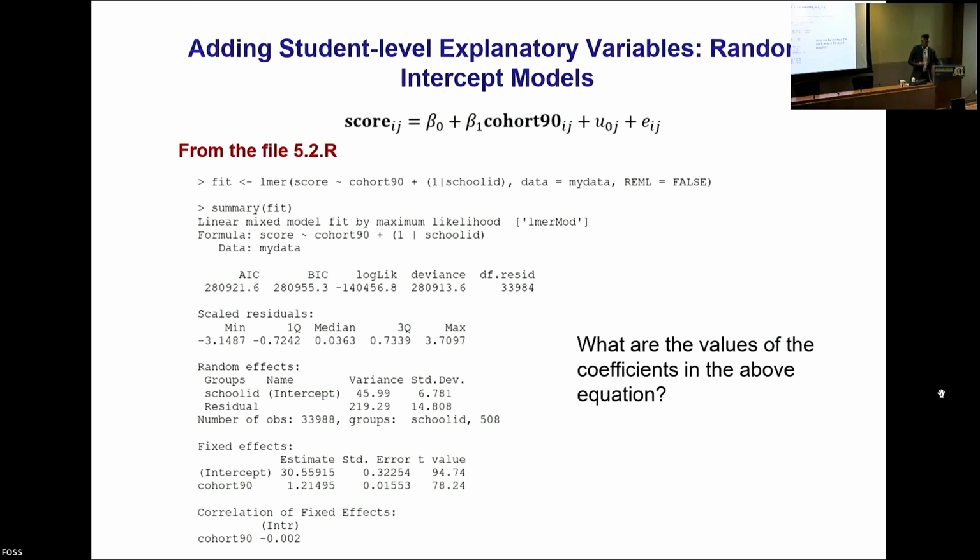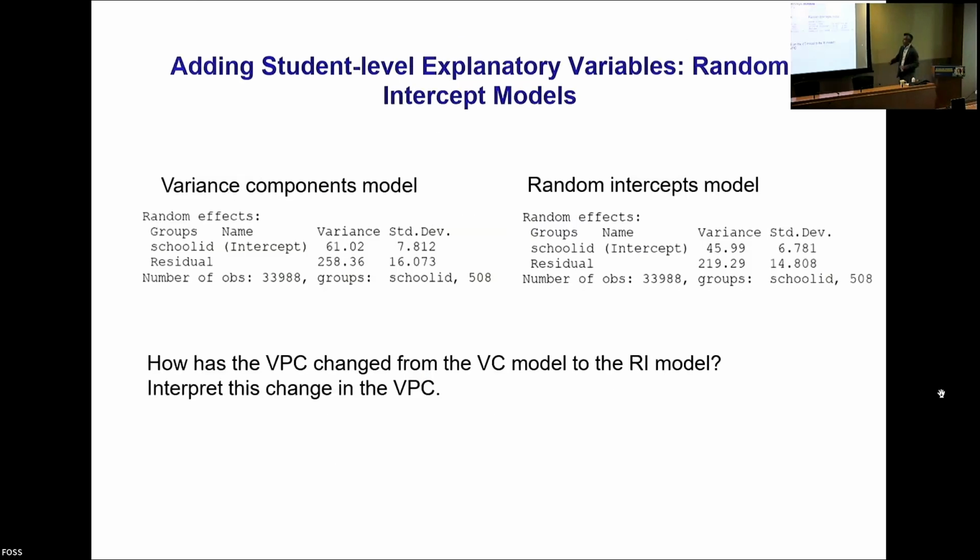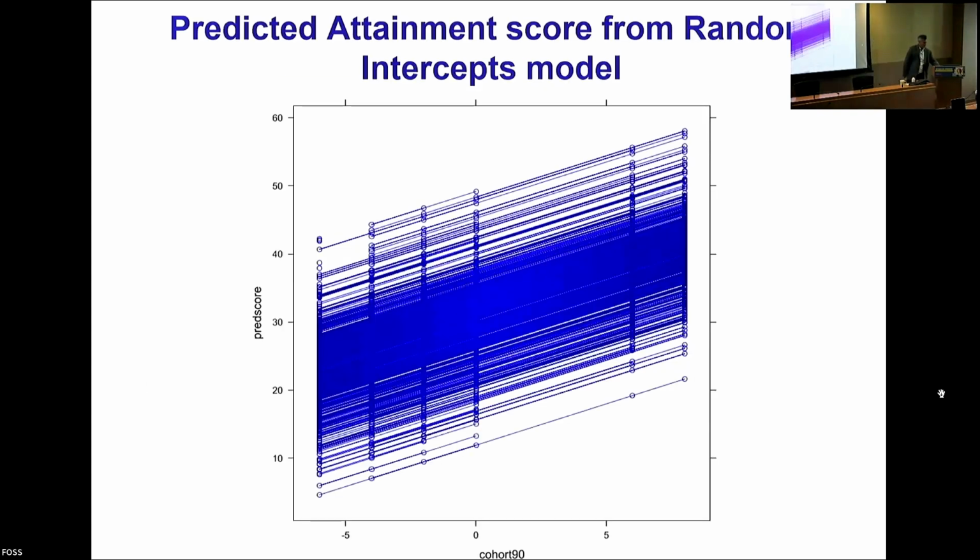So we can calculate how the variance partition coefficient changed from the model with and without the explanatory term. So this is the model with cohort 90. This is the model without cohort 90.